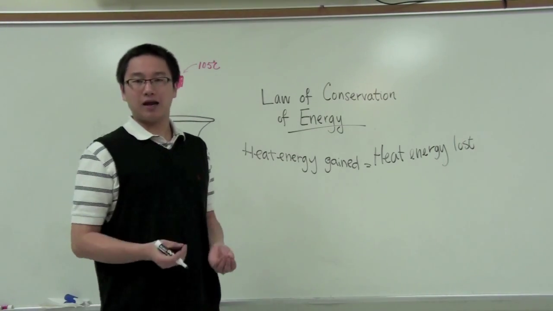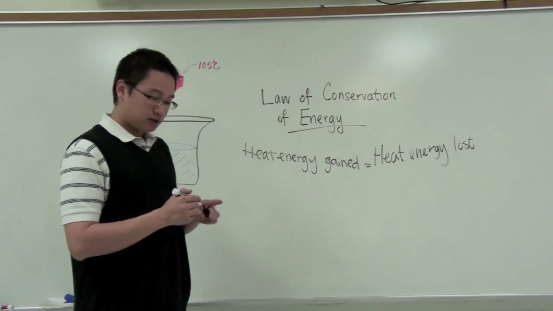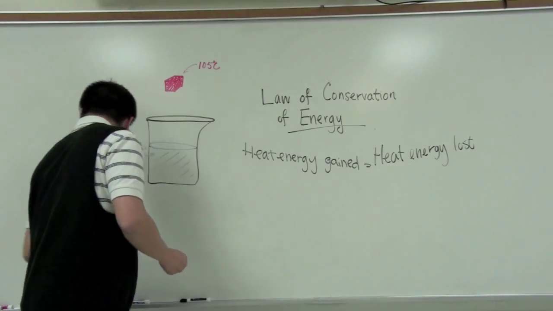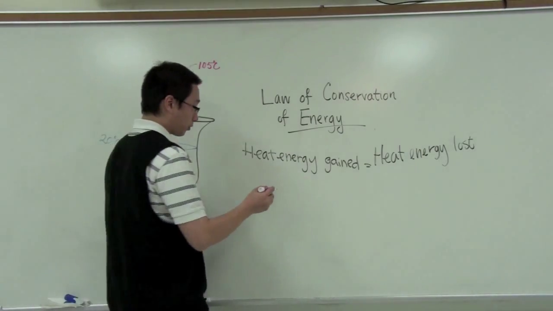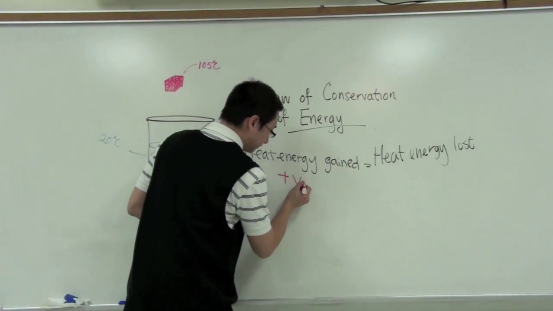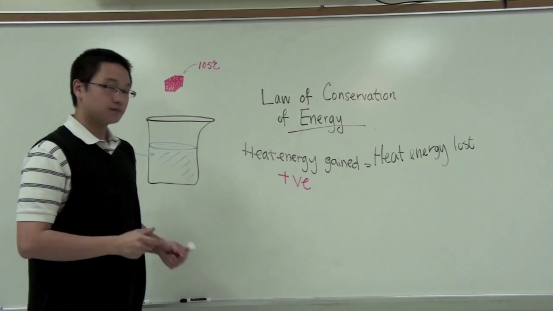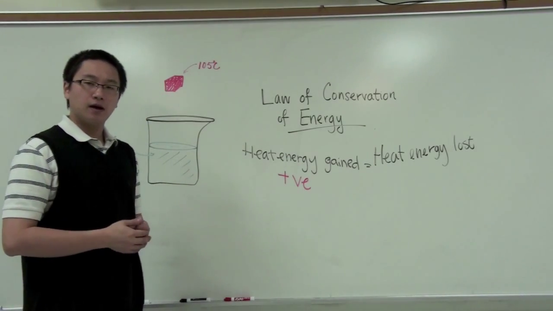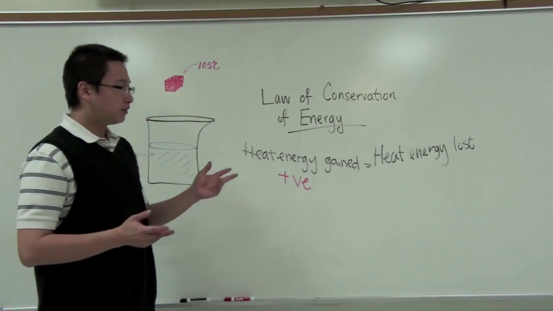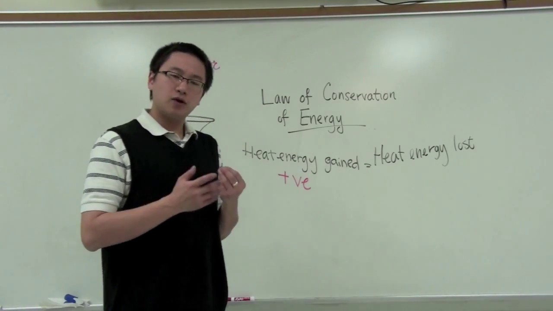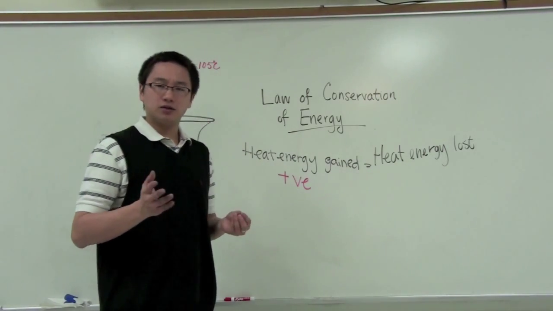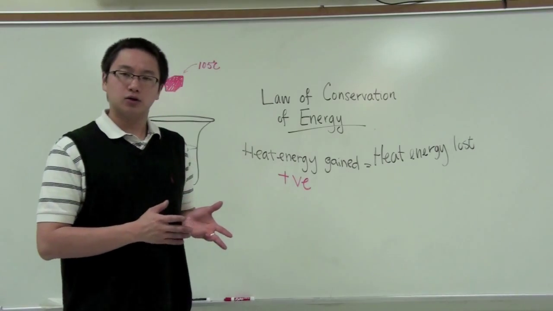If something is gaining energy, that value tends to be positive. So let me use some red marker to mark it positive. And then, for the heat energy lost, if you have energy released or lost, that number calculated should be negative.